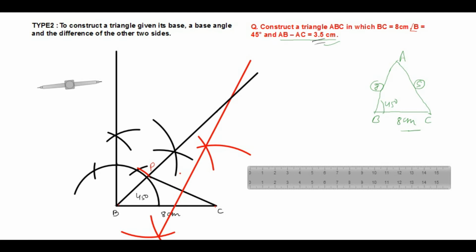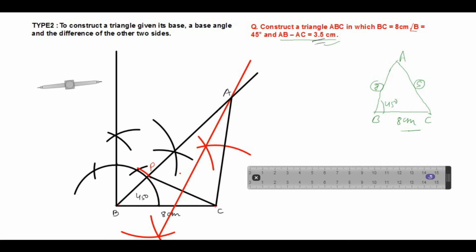So this point will be named as your required vertex A. This is point A, this is point B, and join A and C to get the complete triangle ABC. So here you get the required triangle ABC.